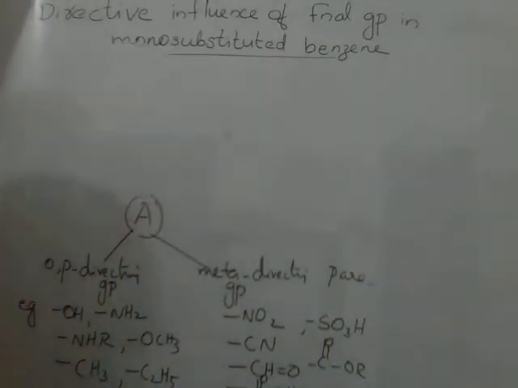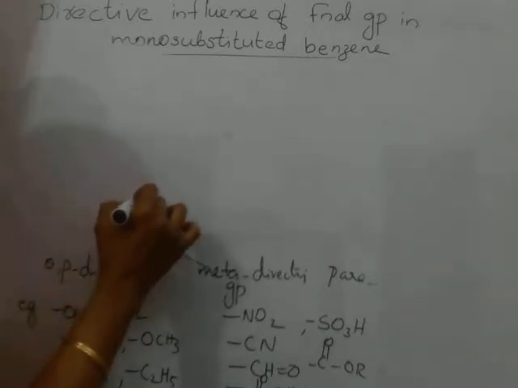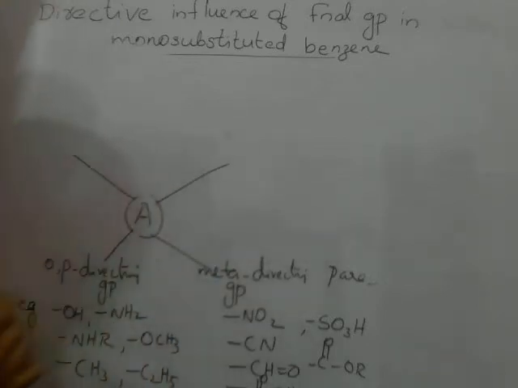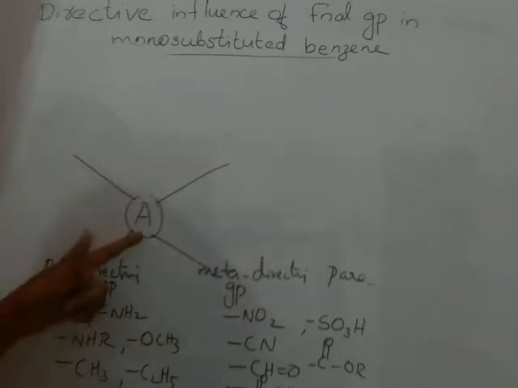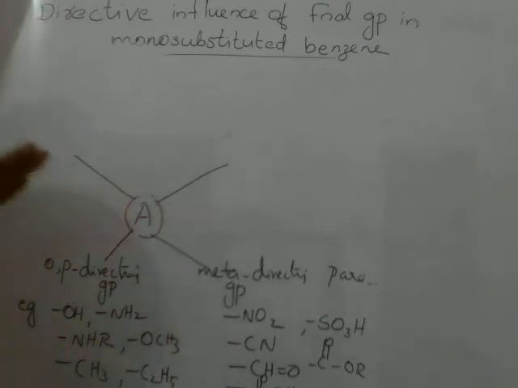See, these substituents are further classified into two types. The substituent which is already present in the monosubstituted benzene is again classified into two types depending upon their behavior towards the attack of the electrophile.